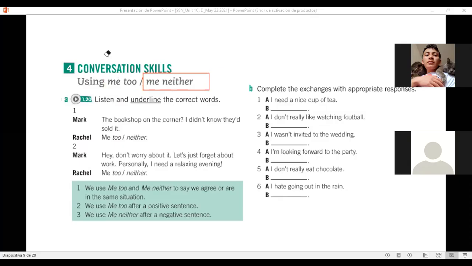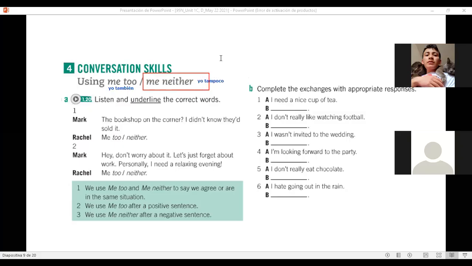Yo también. Perfect. Yo también, right? What about this me neither? Yo tampoco. Tampoco, exacto. That's the meaning of this me neither.